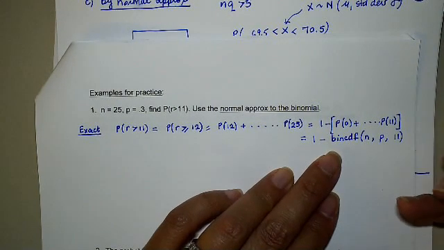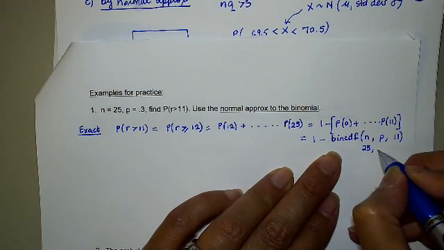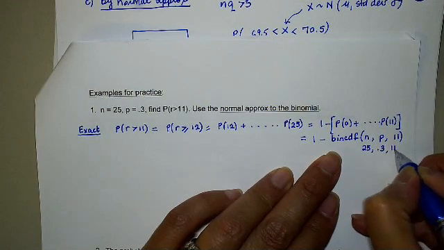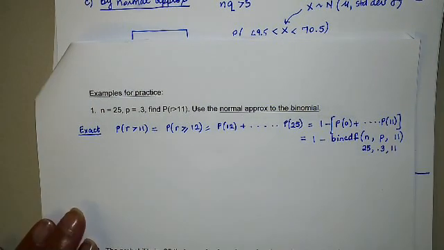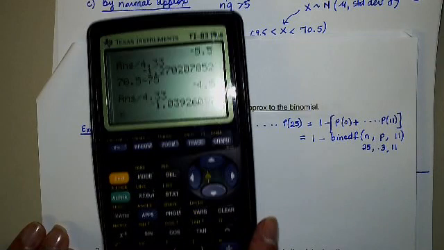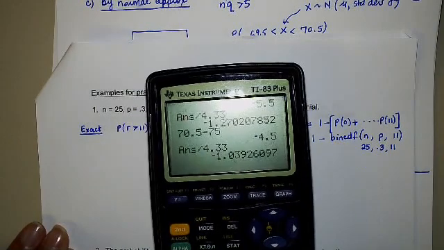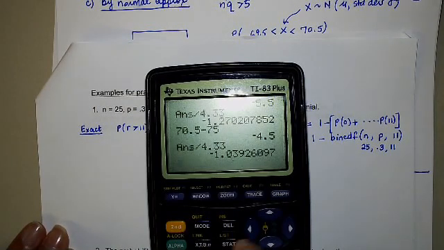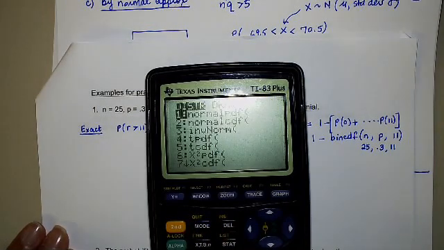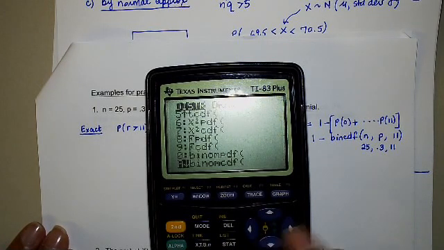This is old stuff, right? You've seen this before the test. Equals 1 minus binomial CDF of N, P, 11. So N is 25, P is 0.3, and 11. Let's do it.